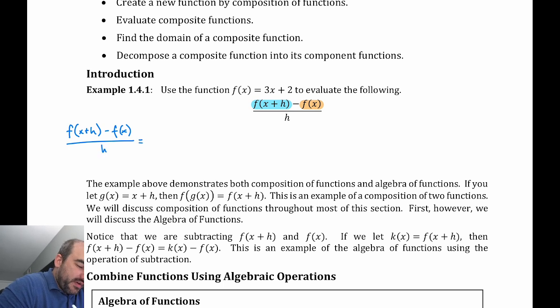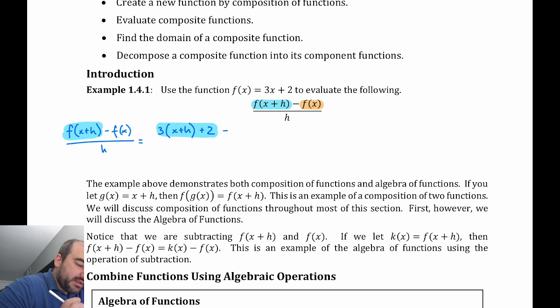So instead of f of x plus h, we're going to write 3 times, and instead of writing 3x plus 2, instead of x we're going to put x plus h, and then plus 2. So this is the blue highlighted expression.